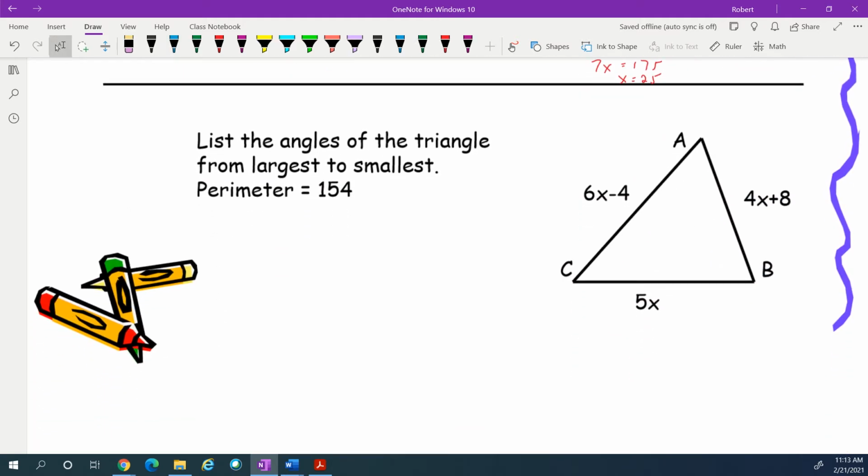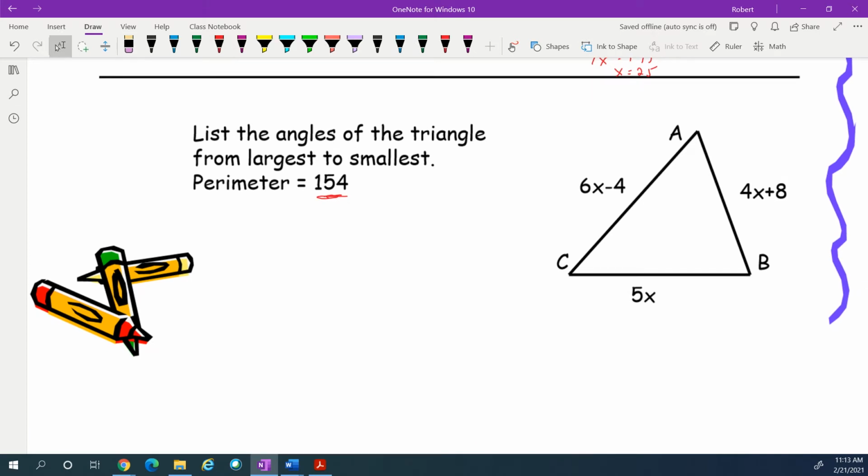List the angles. So we don't know the angles here. We don't even need to know the sides. Again, they didn't give us numbers. They gave us some algebra, but they did give us some important information. The perimeter is 154. Well, when we add the sides, that equals the perimeter. So 6x minus 4 plus 5x plus 4x plus 8 equals 154.